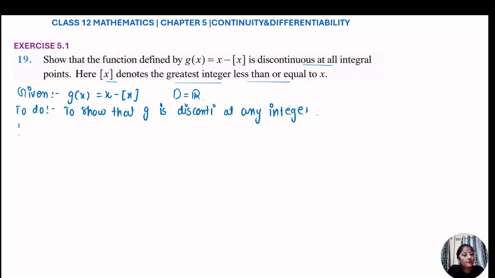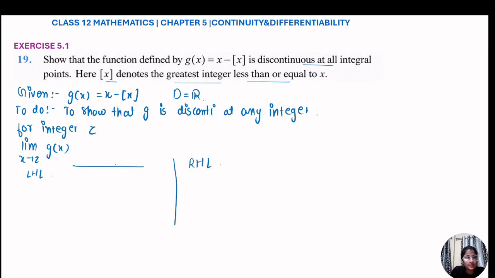Let's take any integer, let's say z. First we will find the limit of g of x as x tends to z. For finding the limit, we will use the left hand and the right hand limit.